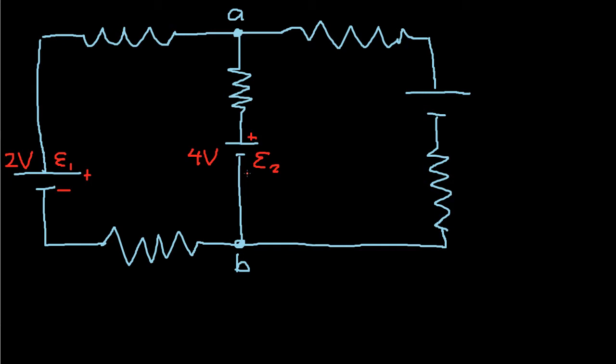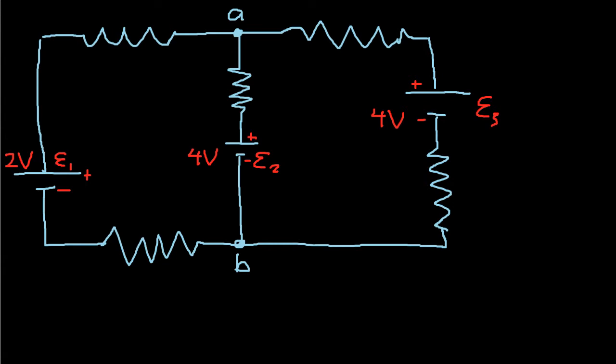This is positive, and this is negative. On to our last battery, E3. It has a voltage of 4 volts again, just as strong as E2. Positive, negative.